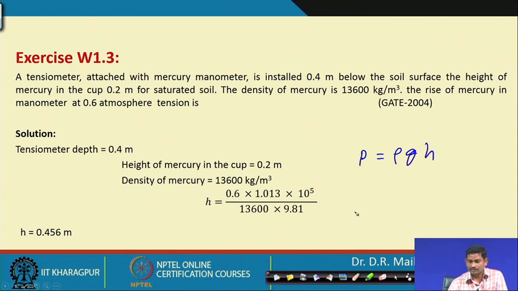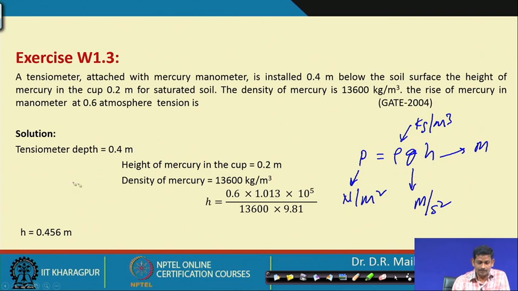So, this is the formula where P is the pressure, in Newton per meter square, and rho is the density in kg per meter cube, and g is the acceleration due to gravity in meter per second square, and h in meters. So, this is the formula we are going to use here.